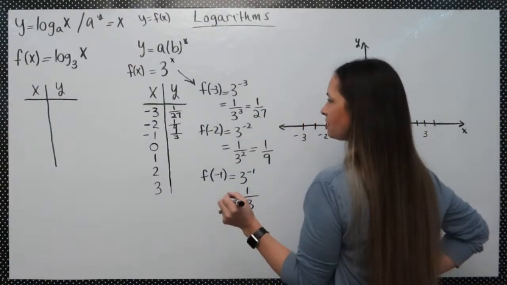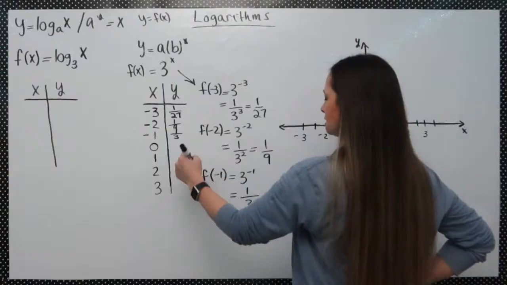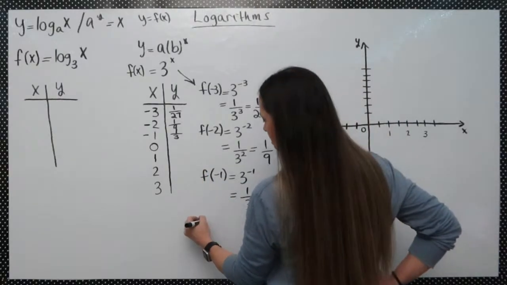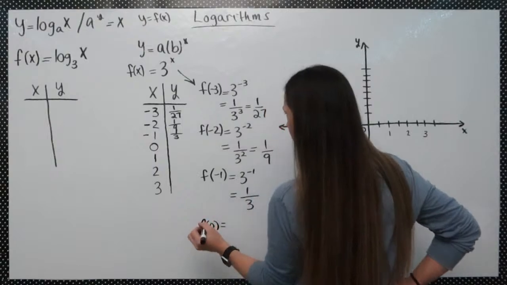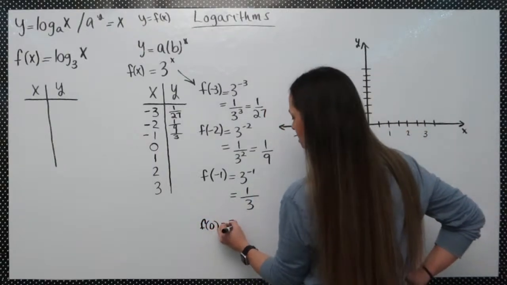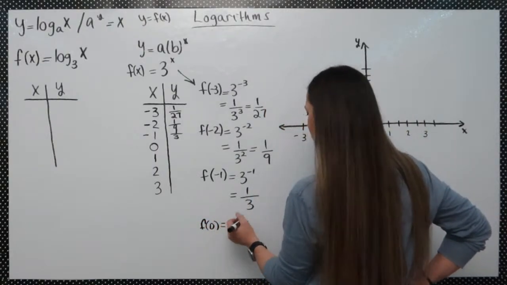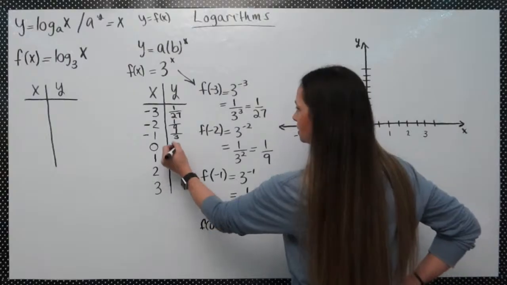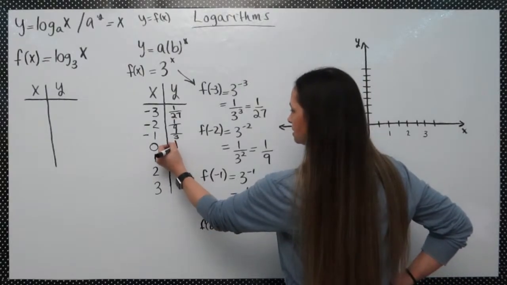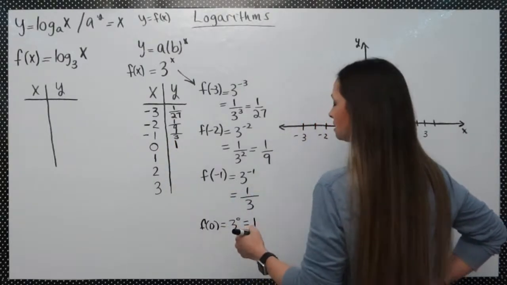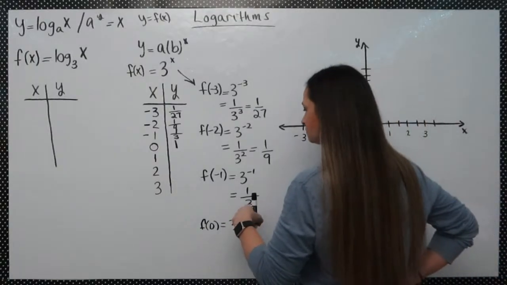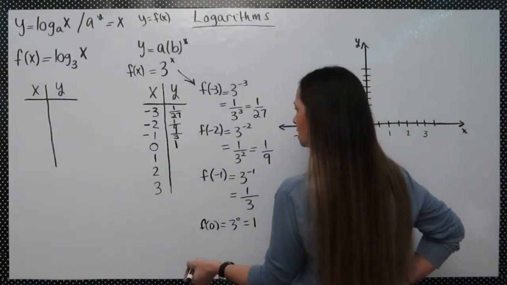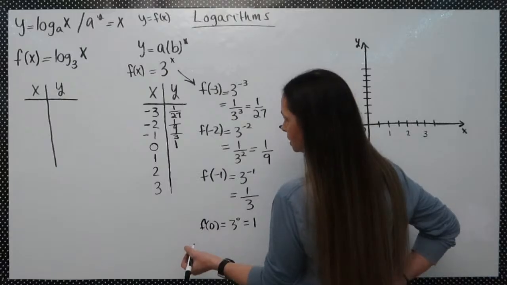So we've got these 3 points, and f of 0 is going to be 3 to the 0 power. Anything raised to the 0 power is the quantity 1. So if it's not going to have a different a value, then this value is always going to be 1 here. I've noticed that trend.